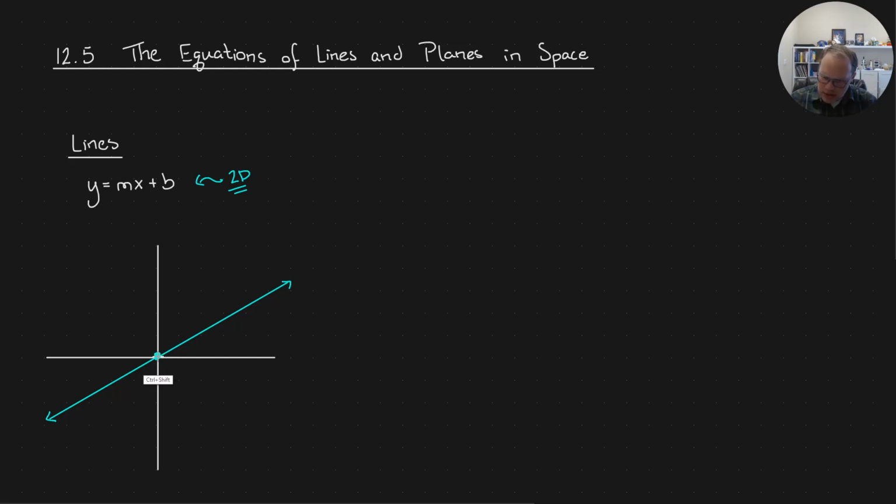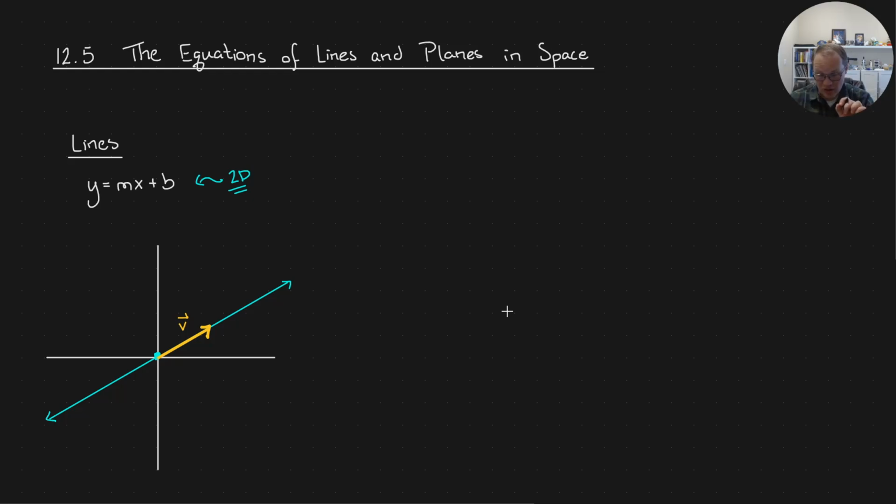Well, let's draw a vector in standard position, so with its tail at the origin, and that is parallel to the line. So it points in the same direction as the line. Okay, I'm going to call this v. Notice that we actually have a vector operation that already allows us to describe every point on this line.